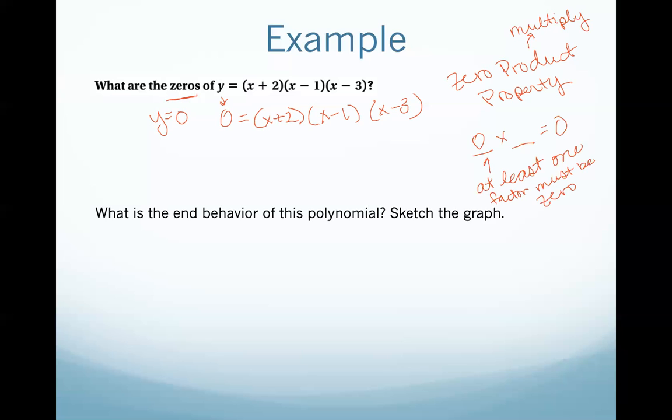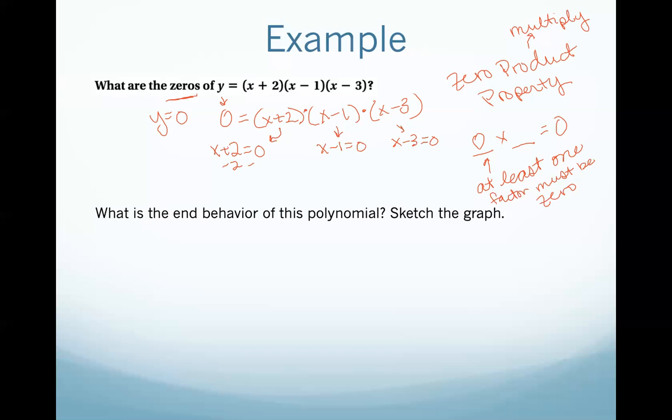So that means if I have these three quantities that are multiplied together to equal 0, then at least one of them must equal 0. So x plus 2 has to be 0, x minus 1 has to be 0, or x minus 3 has to be 0. We've seen this before last semester, right? Now we're going to continue solving for x.